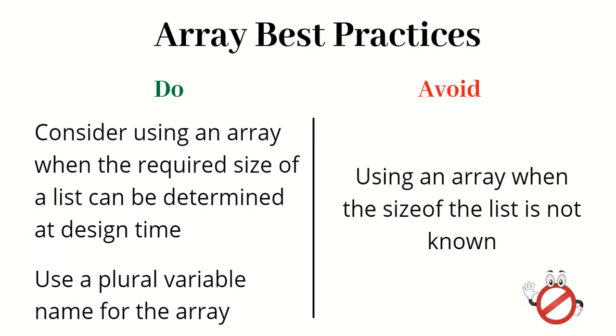So use an array when the required size of the list can be determined at design time. If we do not have a clear idea about the array size, then it can be worse. So it's one drawback of the array.